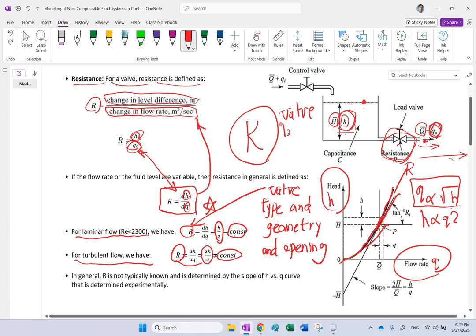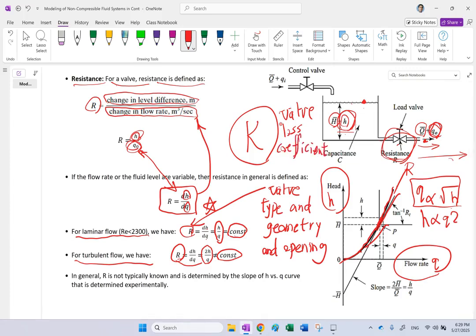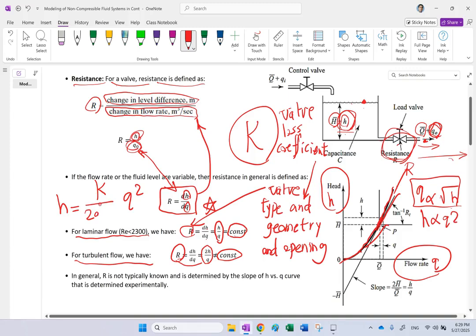And again, this loss coefficient depends on these parameters, so it entails those parameters. And then in that case, H and Q can be related to each other through this. So H is equal to some parameter here, right? And if you wanted, this is like 2gA squared.